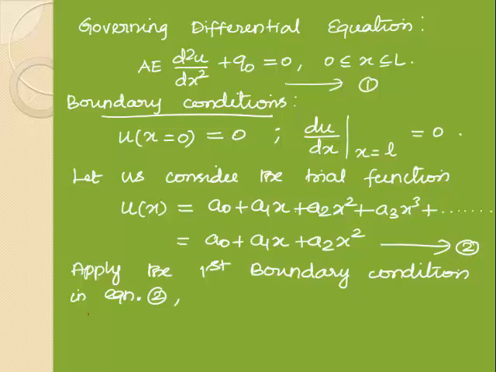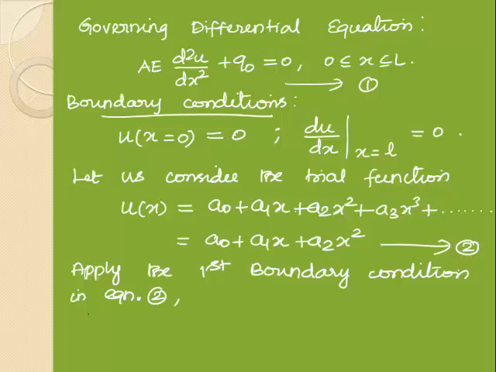By applying each boundary condition one by one into the equation 2 standard trial function, we can modify the displacement polynomial function as the required displacement function.